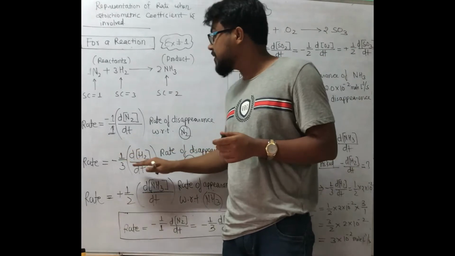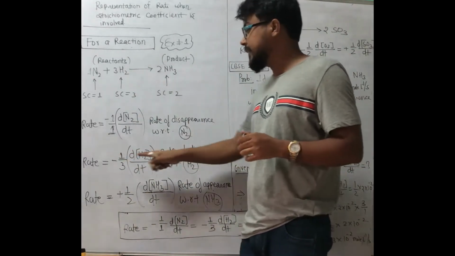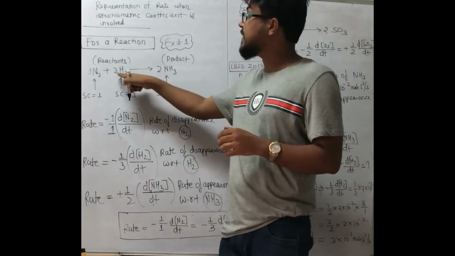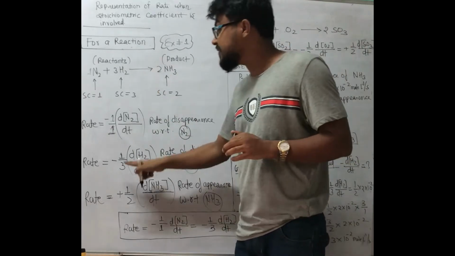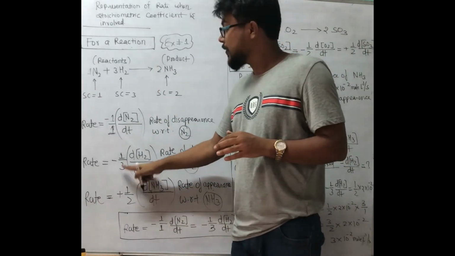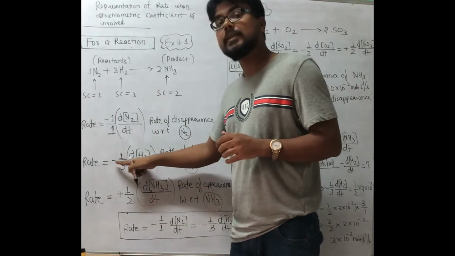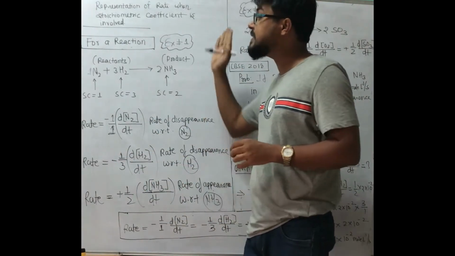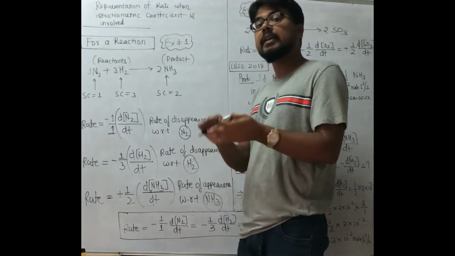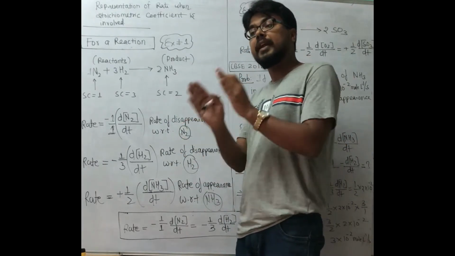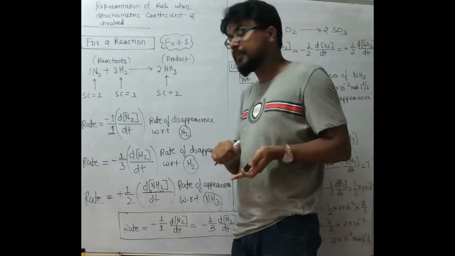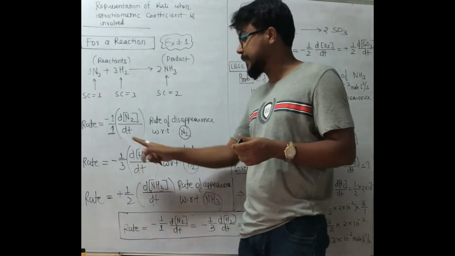Now with respect to hydrogen it is minus 1 by 3. What is the SC of hydrogen? Remember it is 3, right? So I will write 1 by 3. Why minus? Again it is a reactant, and the reactant is decreasing in a particular chemical reaction, so I put minus. Minus 1 by 3.